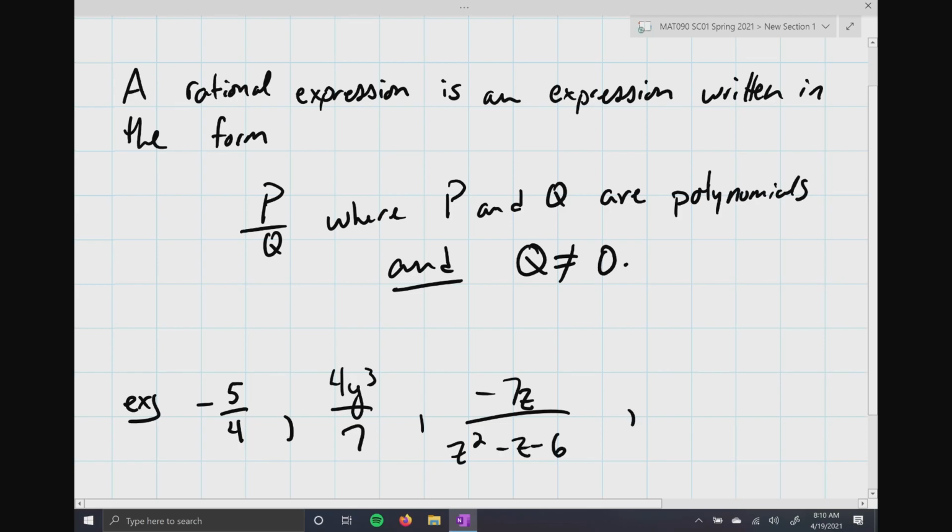Or you can even have the very complicated situation: 5x squared minus 3x plus 2, all over 3x squared minus 3x plus 3. Okay? You can have any one of these, all right? The fact of the matter is they are all considered to be rational expressions.